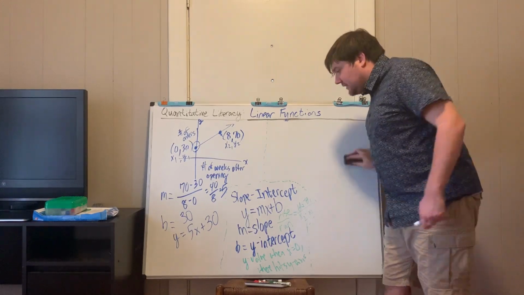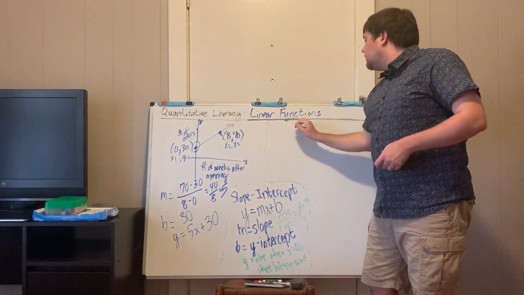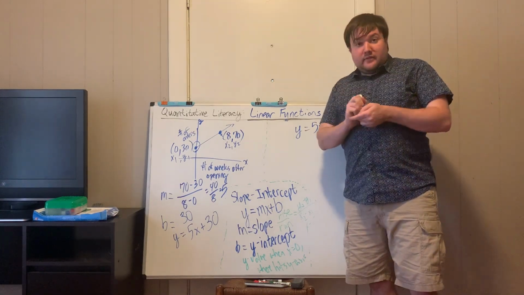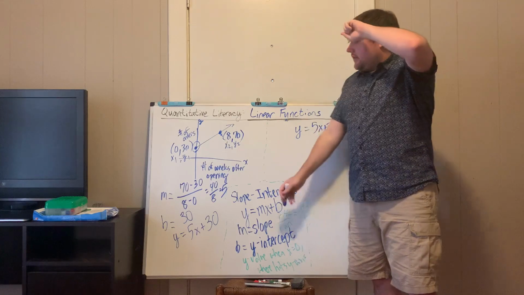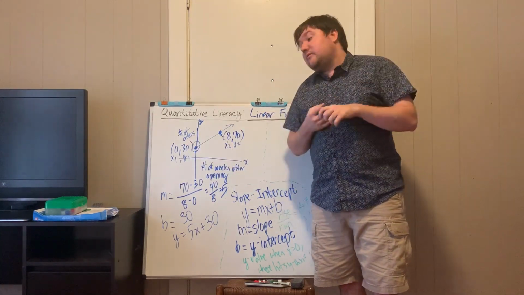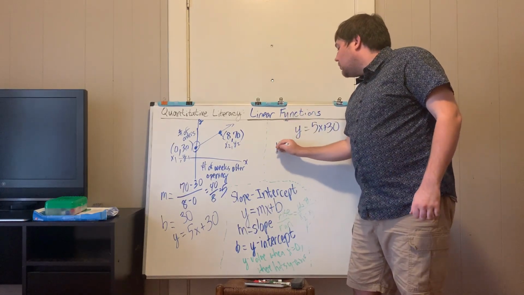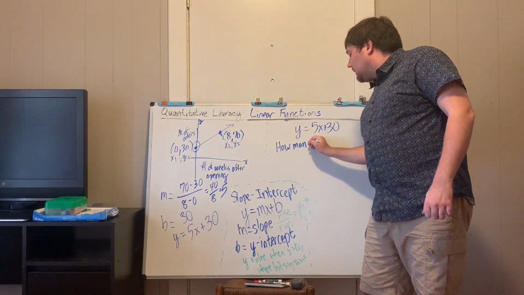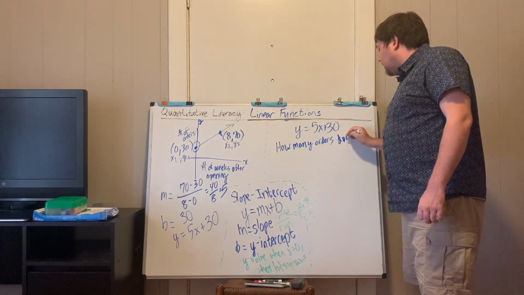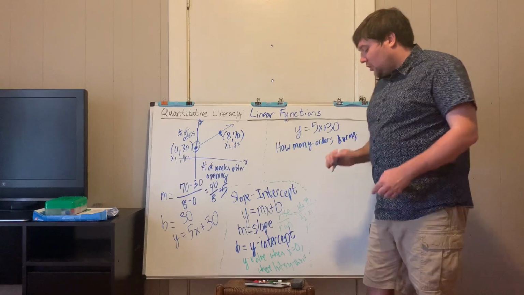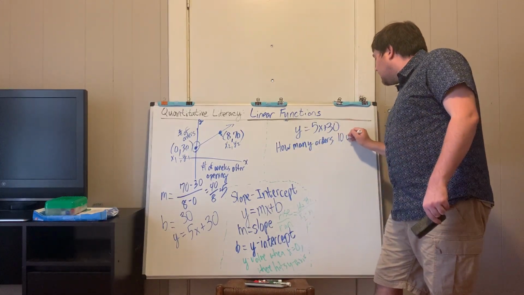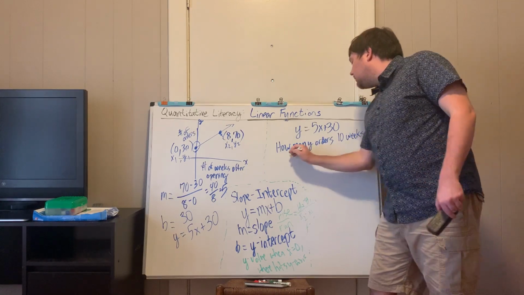So using our first example, y equals 5x plus 30. Always remember what your variables stand for. In this case, our x is the number of weeks after opening, and y is the number of orders. So let's say we wanted to know how many orders 10 weeks after opening.